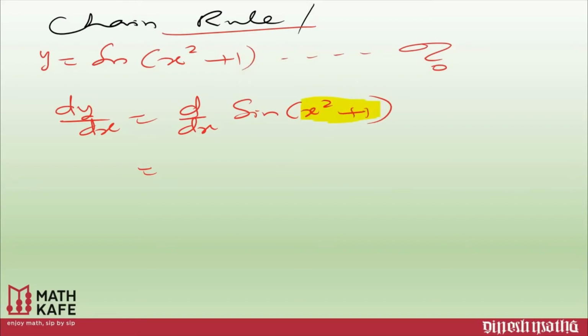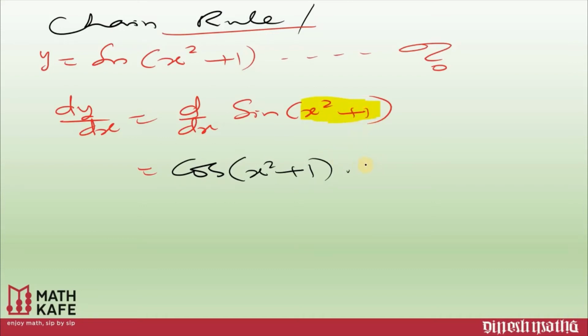If it is sin x, what is the derivative? You know that it is cos. And then, whenever you differentiate, the variable part or the angle part will never get changed. That's the fundamental fact you need to remember. Whenever you are differentiating, the function gets changed, not the variable part. This angle will never get changed.